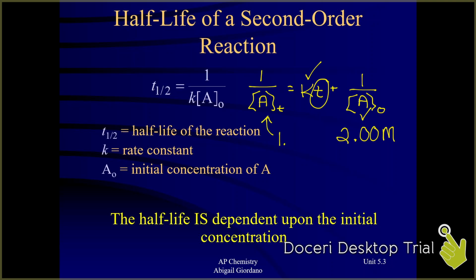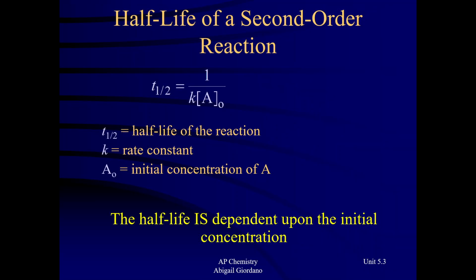What's half of 2.00 molar? That would be 1.00 molar. You can cut that number in half and plug it in, and then solve for T, which would be the half-life. But again, do I think this is really going to come up on the AP exam? To be quite honest, probably not. But there it is.